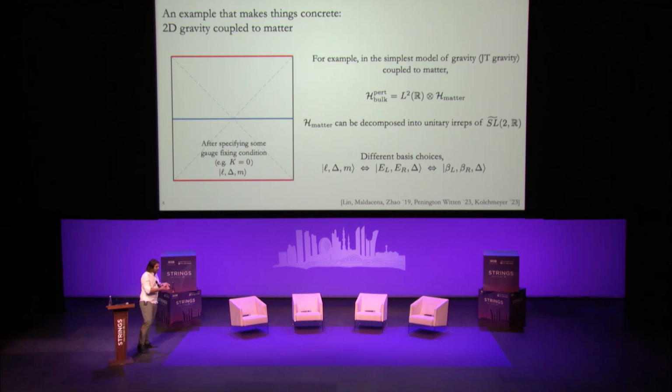But in addition to the left and right energy, you still have to specify something about the wave function of matter fields on a slice. So you still have to specify the irreducible SL(2,R) representation that these states belong to. And just from this form of the state, you can see that the states themselves are not just labeled by a left and right energy. They have more labels that cannot be probed by looking at only one boundary.